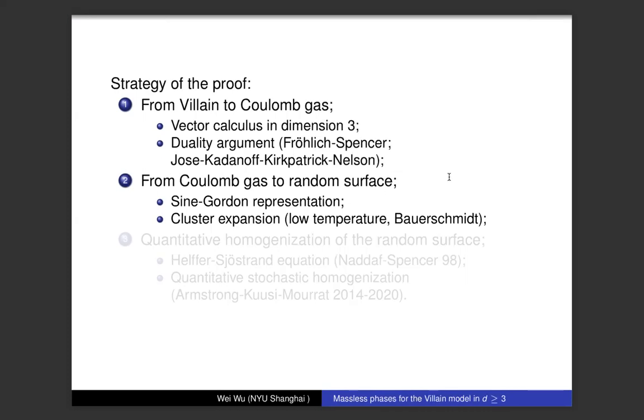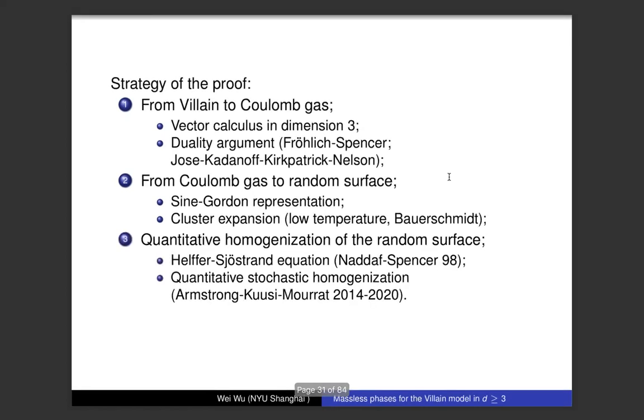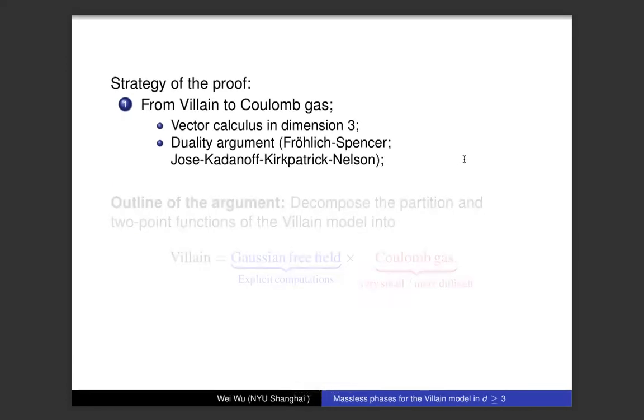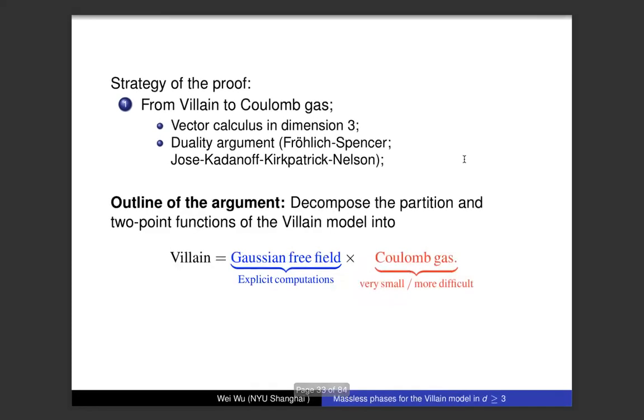So it's like a random surface type of model. And finally, we're going to describe how we use techniques from PDE to understand the scaling limit of these random surface models.